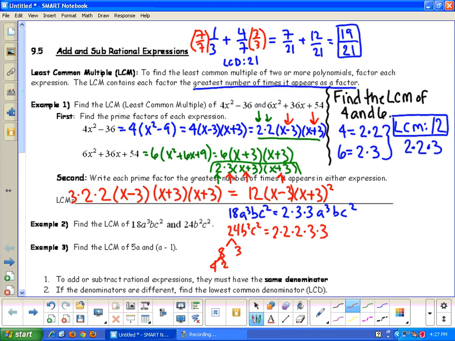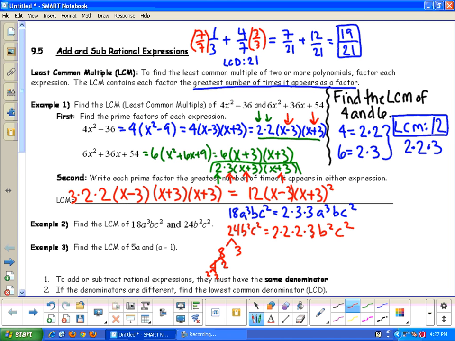And I know the 4 breaks down as well into 2 times 2. So that's where I get 2 times 2 times 2 times 3 would be my prime factorization. And then I have b squared c squared. So if it helps you to make that factor tree to get the prime factorization, that's fine.